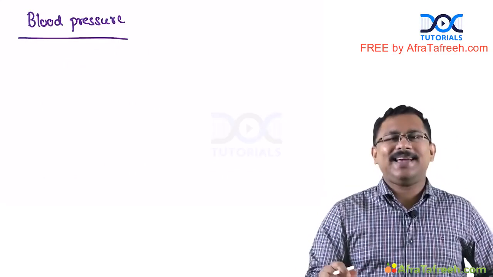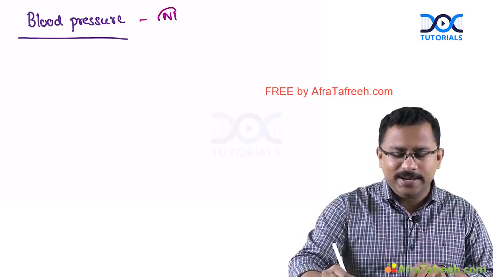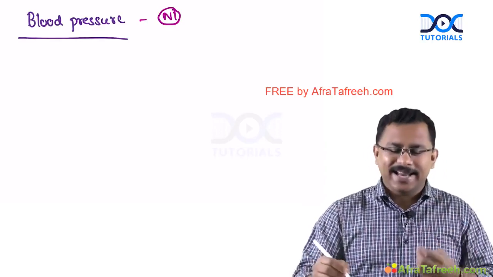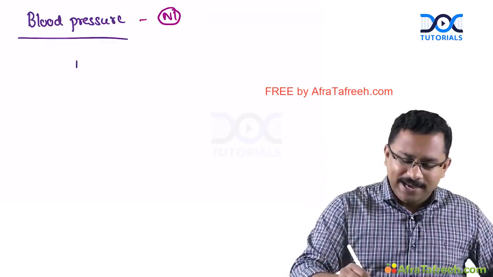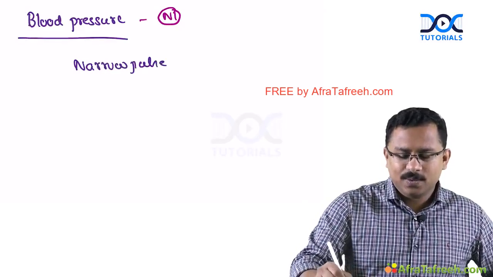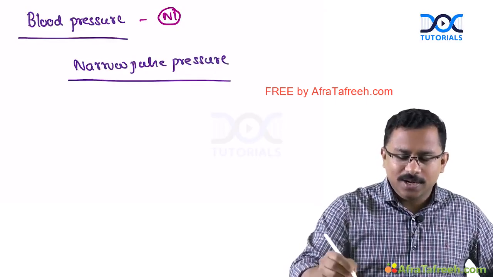Blood pressure in mitral stenosis is again usually normal. But there can be certain scenarios where you can have a narrow pulse pressure. What are those scenarios?